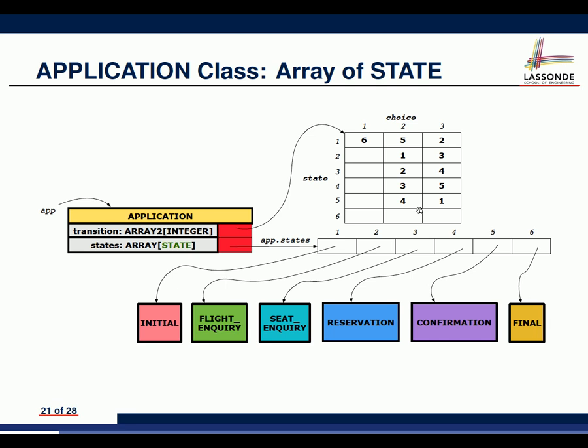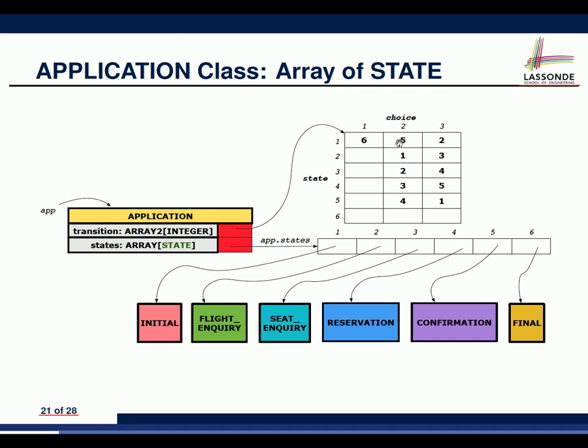Let me give you a quick intuition, and then we'll get into the code. Every time you want to make a transition, let's say I'm currently in state number 1, which is the initial state over here. Let's say the user wants to take action number 2. I'm now in state number 1, row number 1, and the user wants to take action number 2.